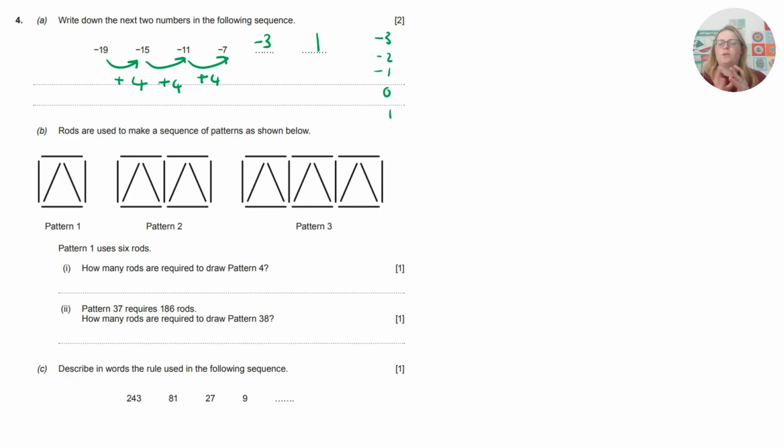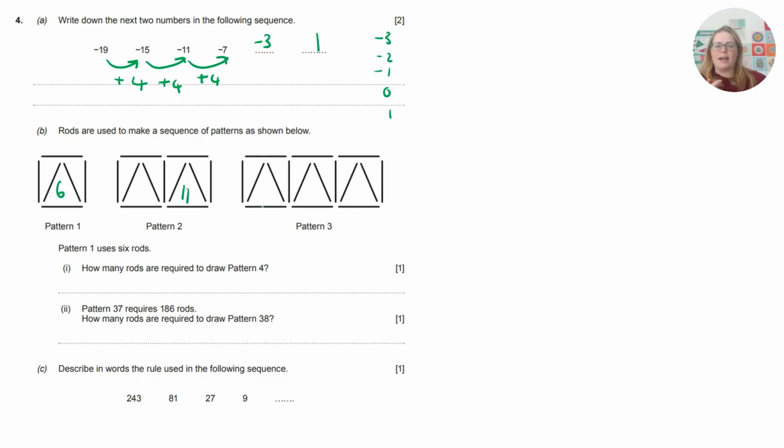Part B now, you've got a pattern that's showing. The sticks are the lines, that's what it means by the sticks. Each time, something's happening to the pattern and we need to work out what. The first thing I do in these cases is just count my sticks. I've got 1, 2, 3, 4, 5, 6. Second pattern, I've got my original 6 and an extra 1, 2, 3, 4, 5, so I've got 11.